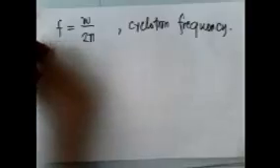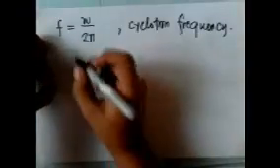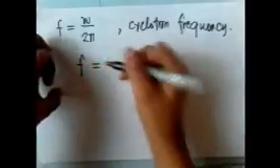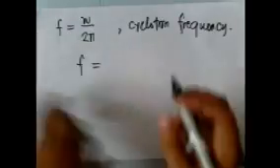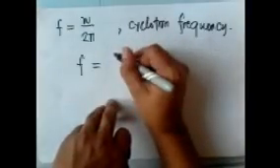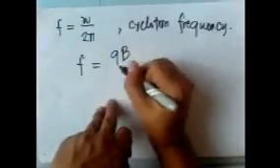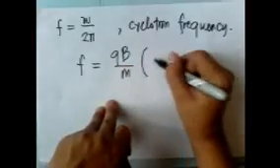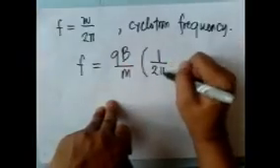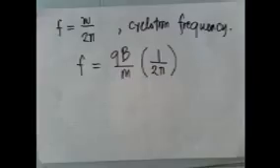So f is equal to ω, which is qB over m times 1 over 2π. So this is the cyclotron frequency.